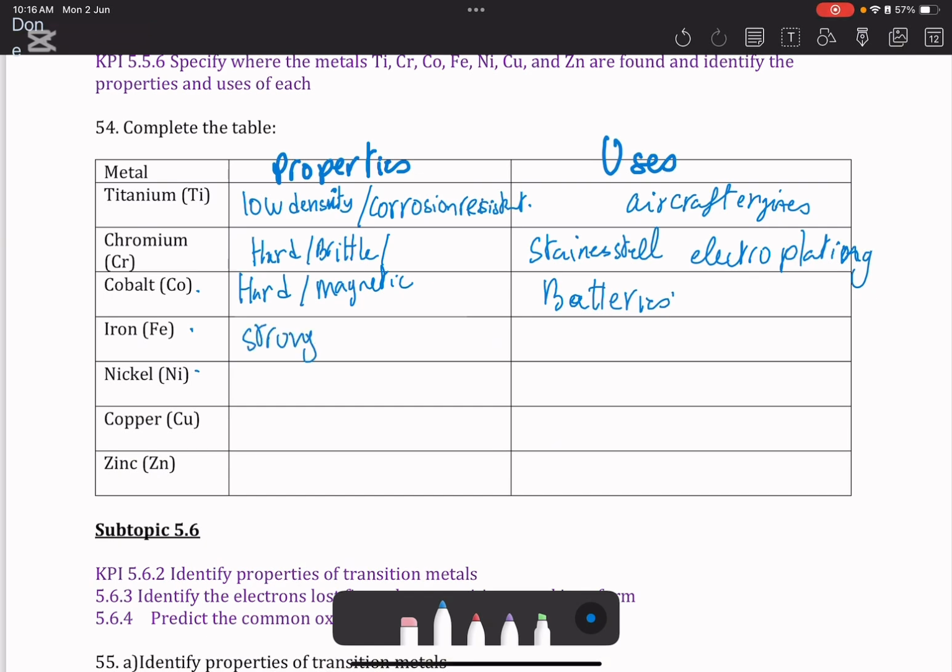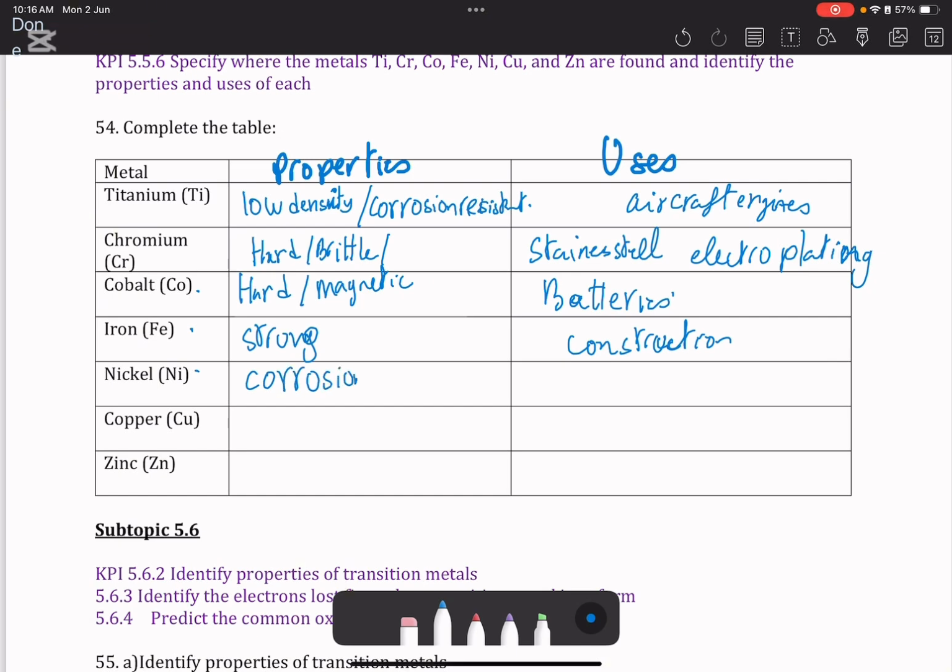Iron is very strong. We use it in constructions for buildings. But it corrodes. That's why it must be mixed. Nickel can also be magnetized, and it's corrosion resistant. It doesn't corrode easily.